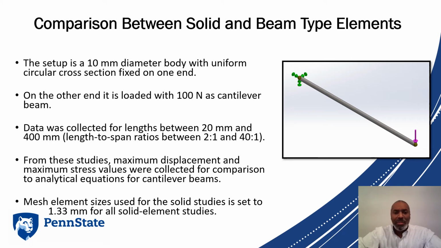From these results, the maximum displacement and maximum stress values were collected for comparison to the analytical equations for cantilever beams. The mesh element size used for the solid studies is set to 1.33 millimeters. Now that's going to be important because you should get a picture in your head of what 1 1/3 millimeter looks like if you're breaking up a 20 millimeter beam into those sections versus a 400 millimeter beam. The smaller beam has many fewer sections, and the larger beam you'll have more.